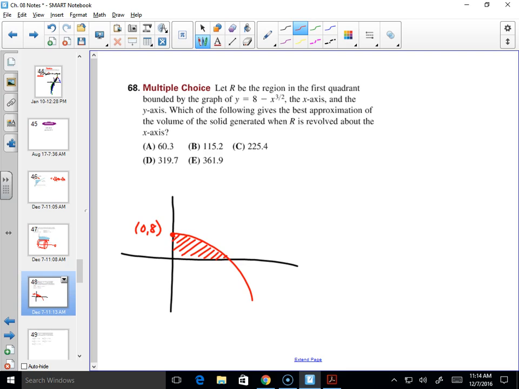Which of the following is the best approximation of the volume when it's revolved about the x-axis? This says first quadrant, so we cut them. Where was this intercept? 4, 0. You had to figure it out, so y equals 0. Set that equal to 0 and solve. Disk, right? Because it's flush.